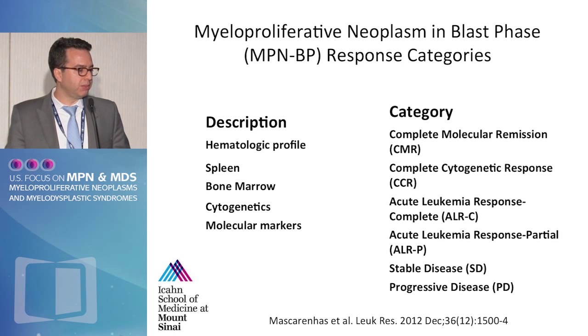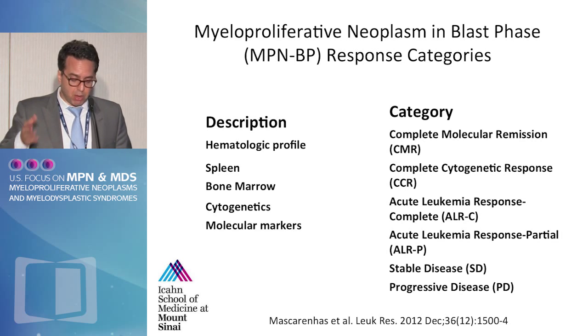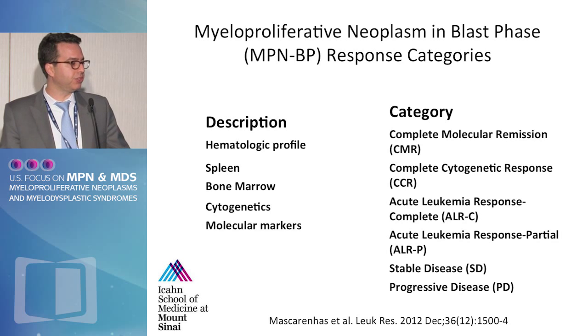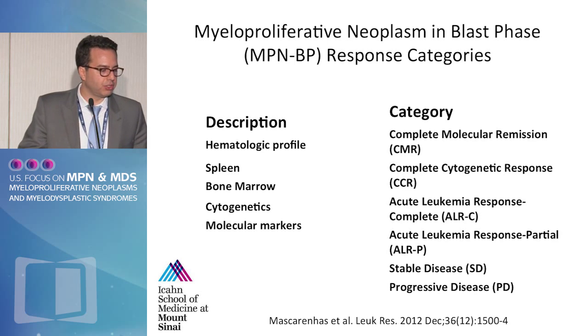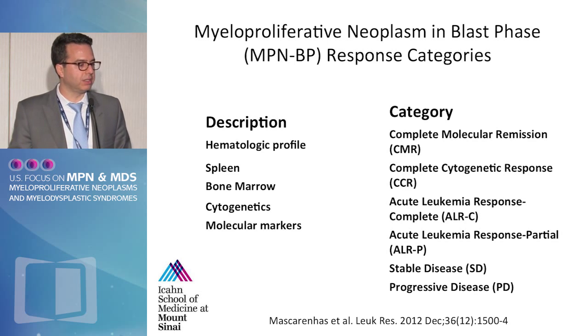And we found that challenging, but we proposed that there were 5 different clinical features that would be important to consider: hematologic profile, reduction in splenomegaly, reduction in blasts and MPN features, and marrow fibrosis, and restoration of normal karyotype, and resolution of molecular markers that could be present.